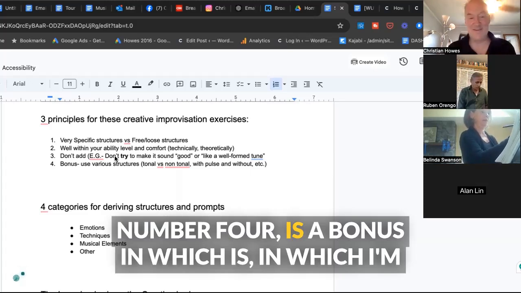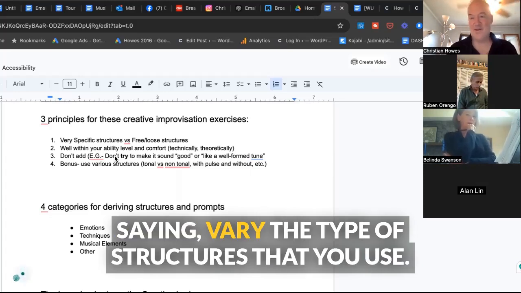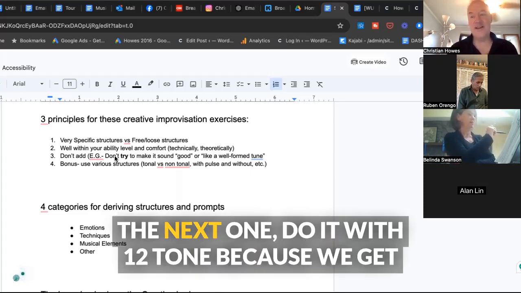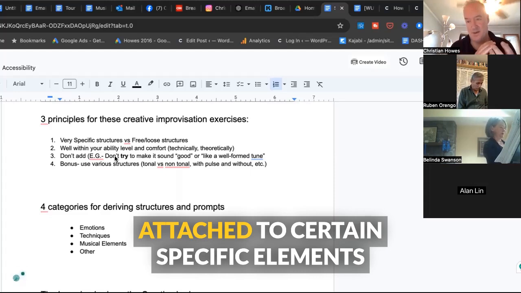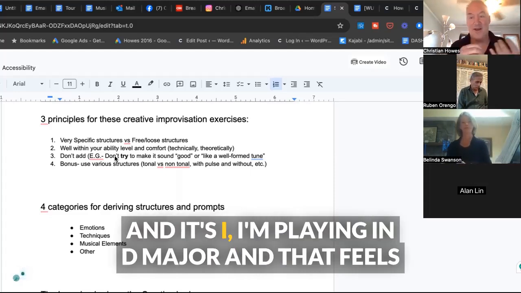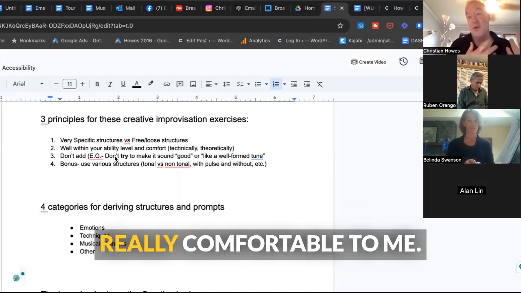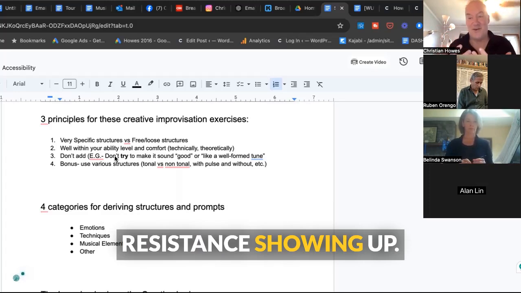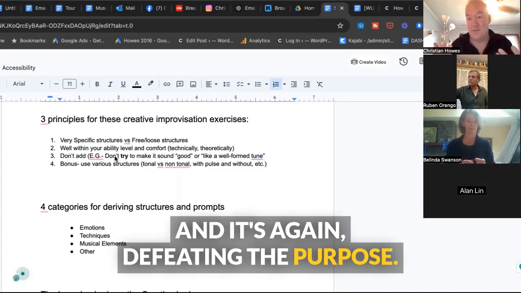Number 4 is a bonus: vary the type of structures that you use. If you do one structure in D major, the next one, do it with 12 tone, because we get attached to certain specific elements of the structures. Like, I'm playing in D major and that feels really comfortable to me, so I don't want to play 12 tone, but that's our resistance showing up, and it's again defeating the purpose.